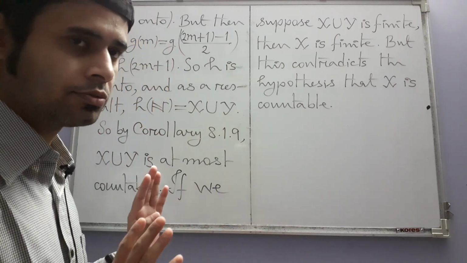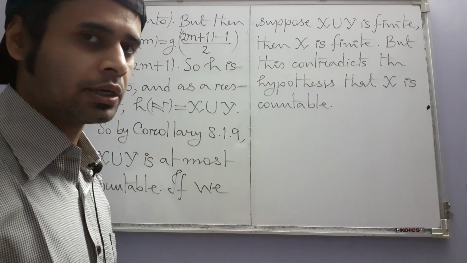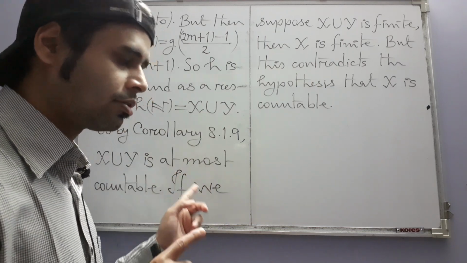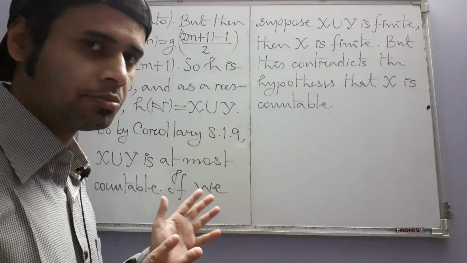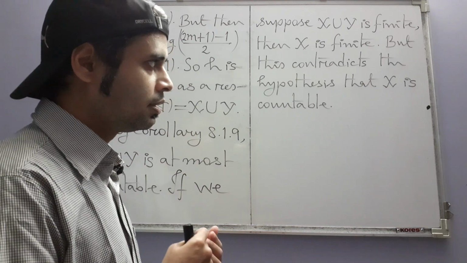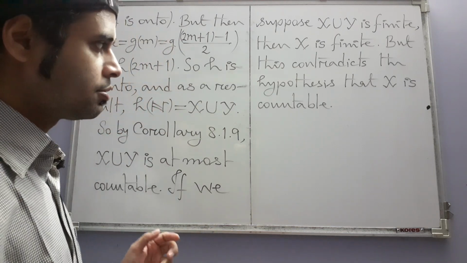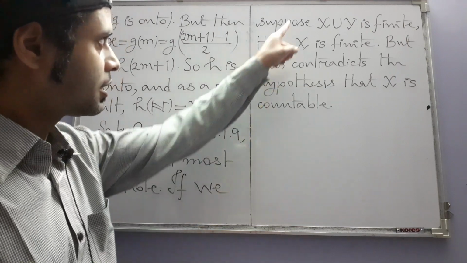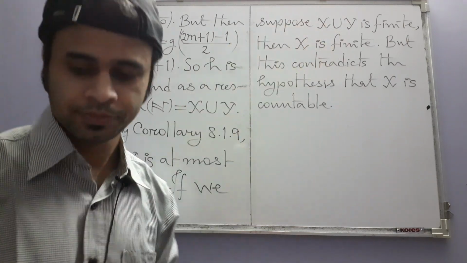We have already proved that N is not finite. In fact, way back in the section on finite sets, I think 3.6, we showed that the set of natural numbers is not finite. So that is contradicted. So that is why our supposition is wrong.